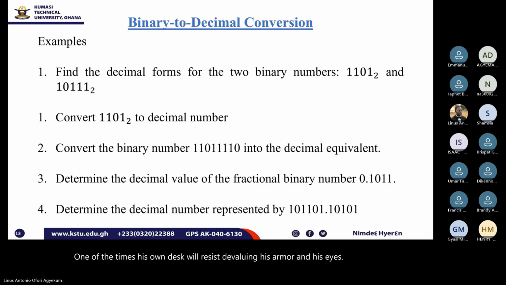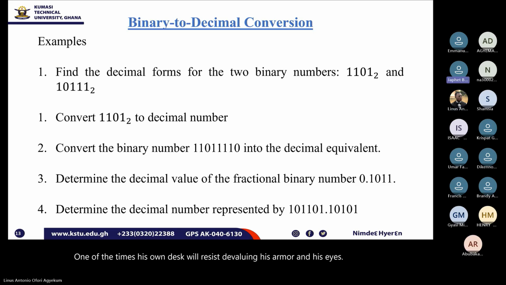You will get 1 times 2 exponent 3 plus 1 times 2 exponent 2 plus 0 times 2 exponent 1, plus 1 times 2 exponent 0.